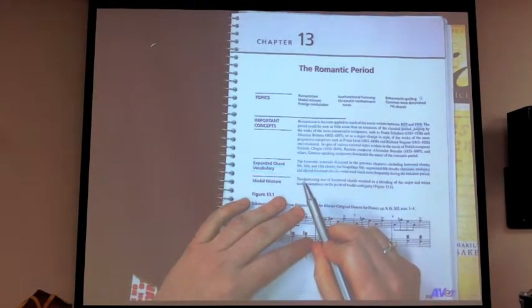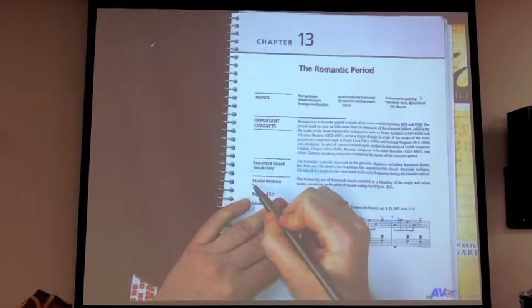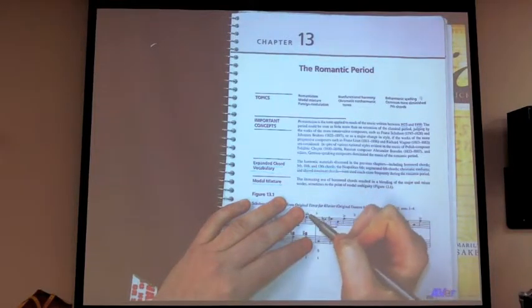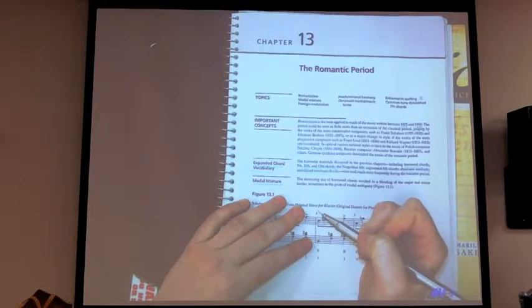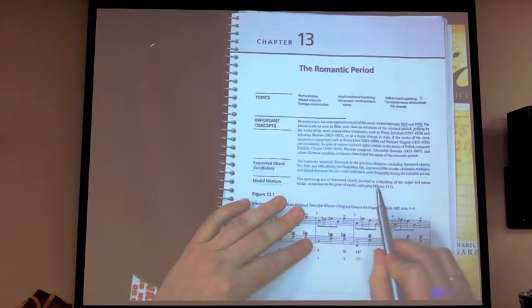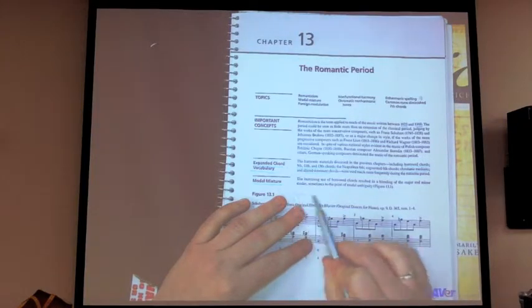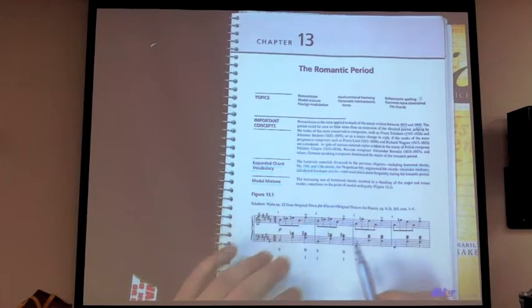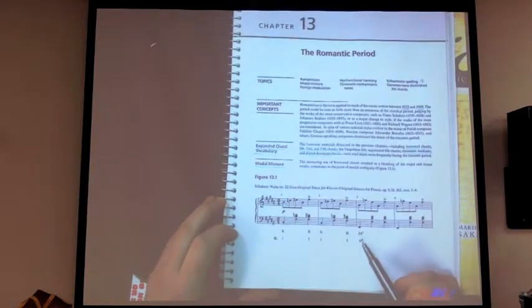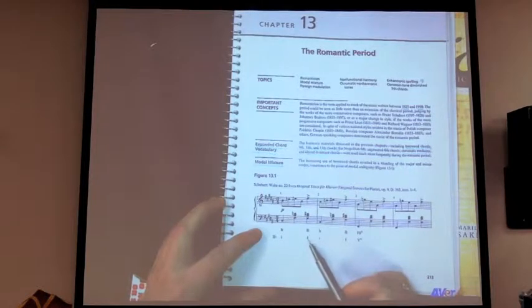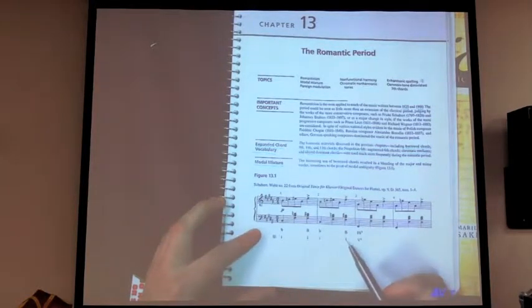Also, you're going to see modal mixture. This means that the mode, i.e. major or minor, is going to get mixed up a lot. So, increasing use of borrowed chords resulting in a blending of the major and minor modes, sometimes to the point of modal ambiguity. In this piece of music, we've got minor 1 chord, major 1, minor 1, major 1, and then major 5.